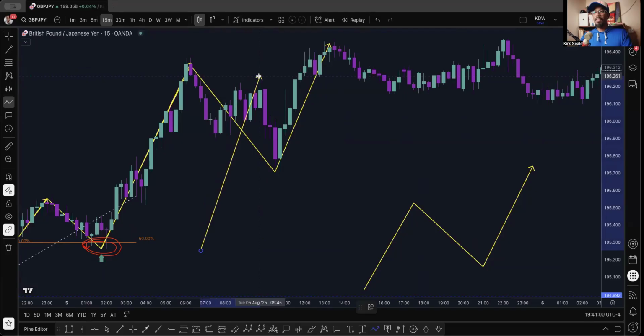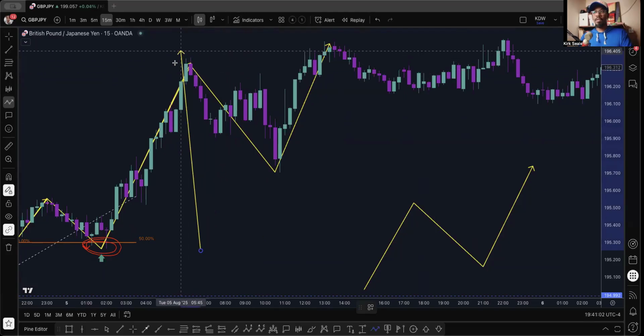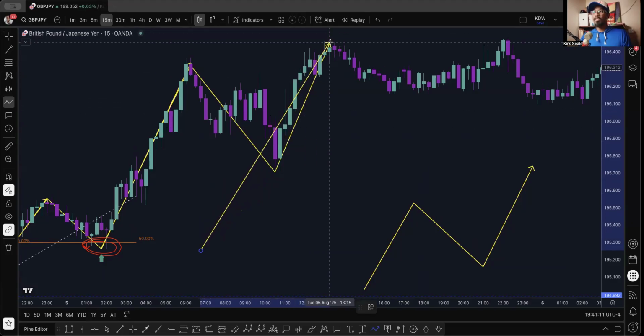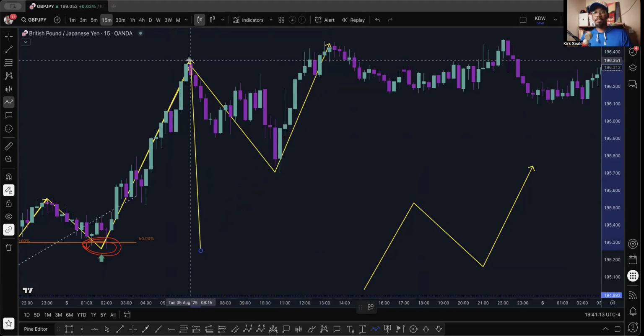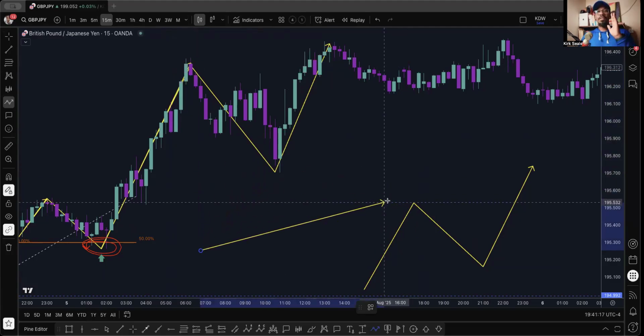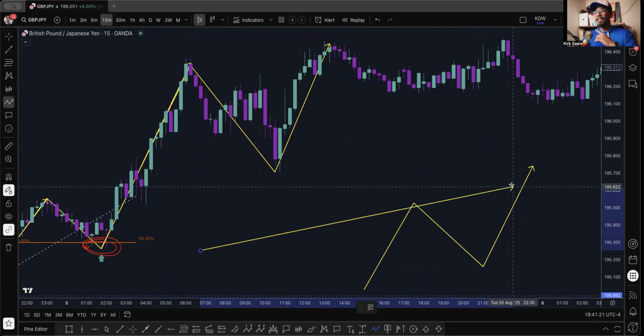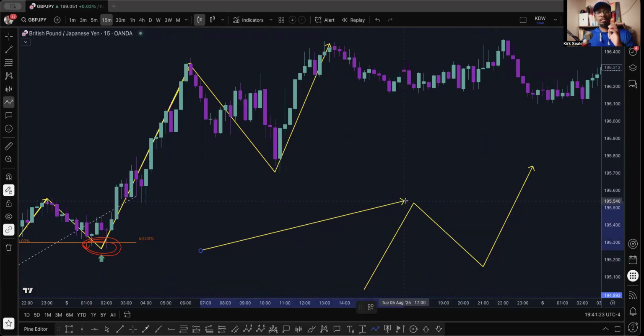But this did not go higher than this, so this one is still the highest point. Price then dropped down again, and from here, price went all the way up and went higher than this. So we only deal with the highest point and the lowest point, and then the next high that was higher than the last high.